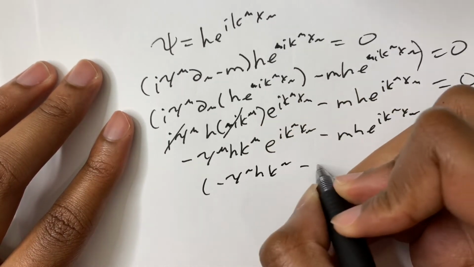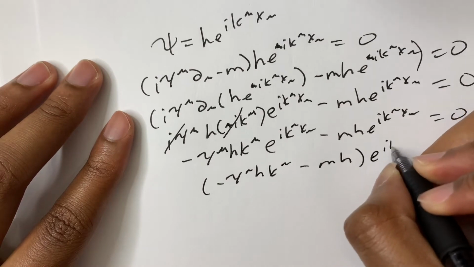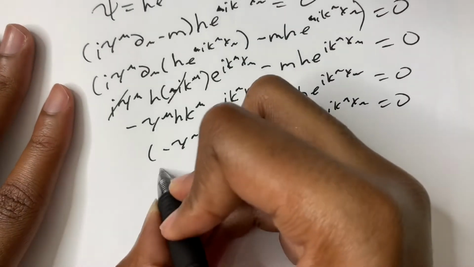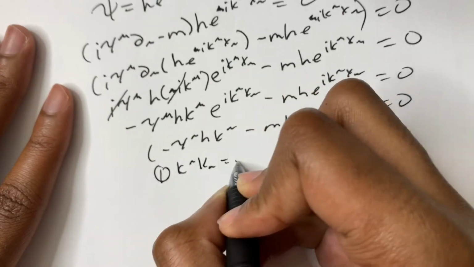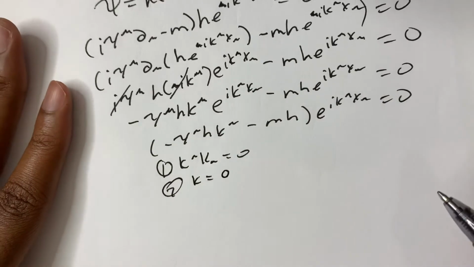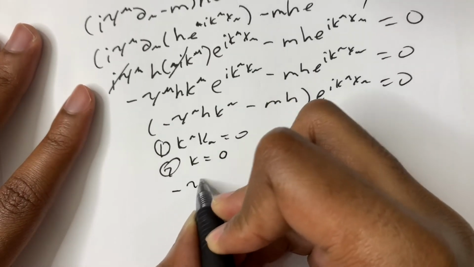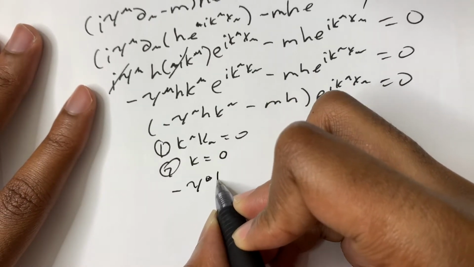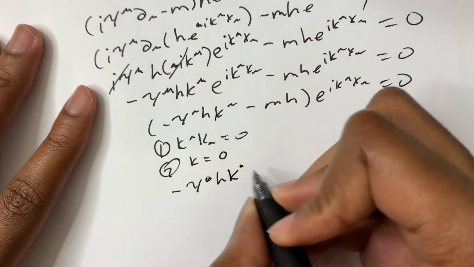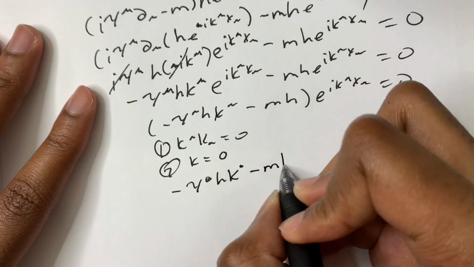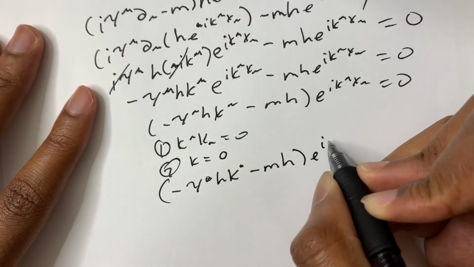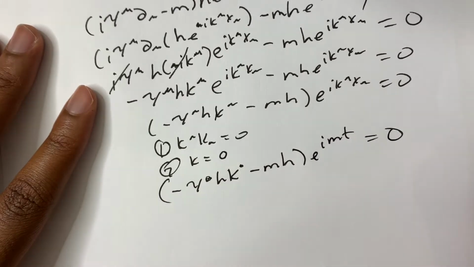Factor, and again we impose the two relations: the mass-shell condition, so no virtual particles, and the rest frame condition. And this gives us minus gamma naught k naught minus m h, I'll circle my writing here, i m t equals 0.